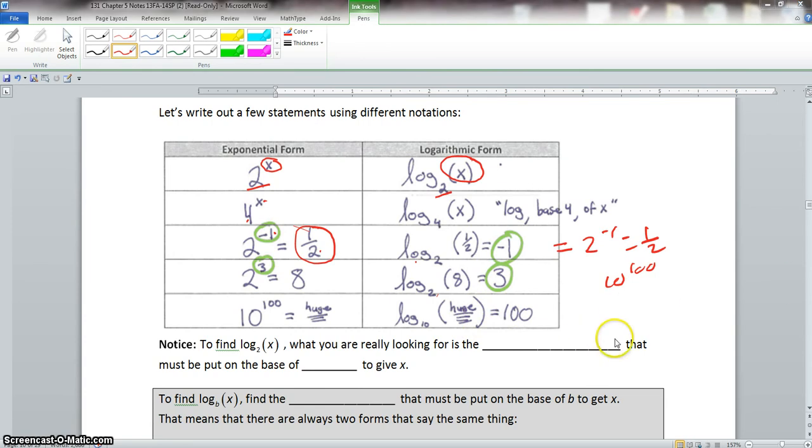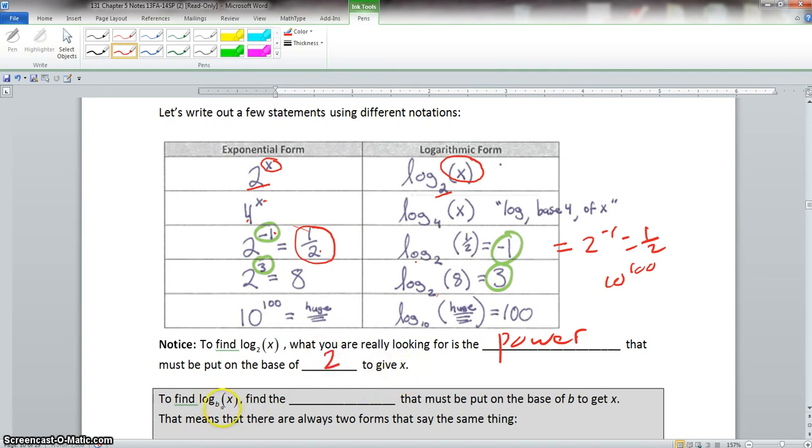Okay, now, so we come down here. It says, note, to find log base 2 of x, what you are really looking for is the power that must be put on the base of 2 to give x.